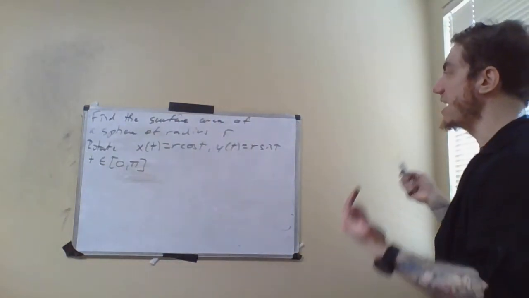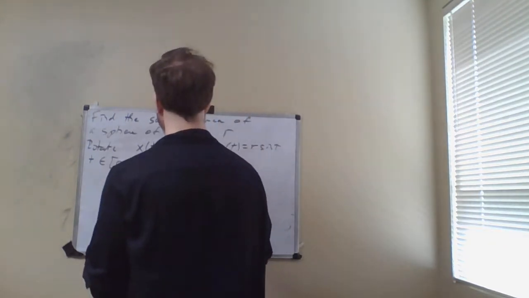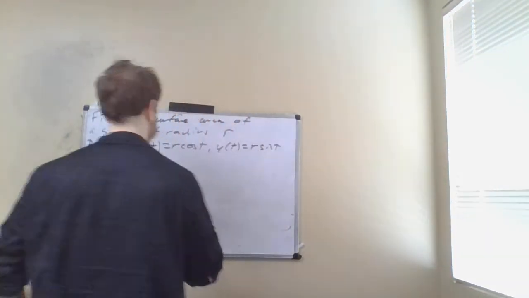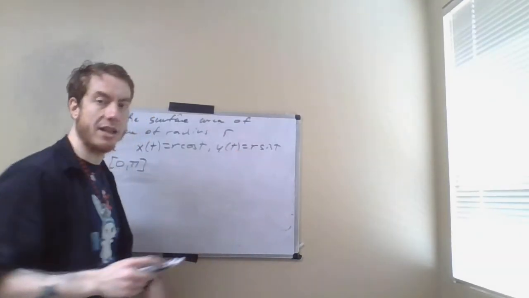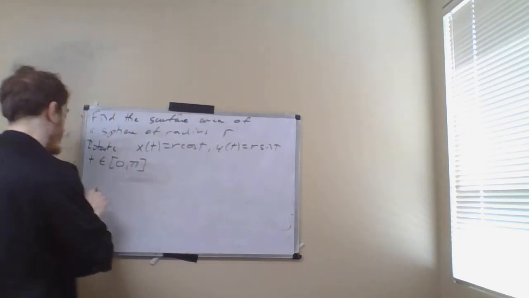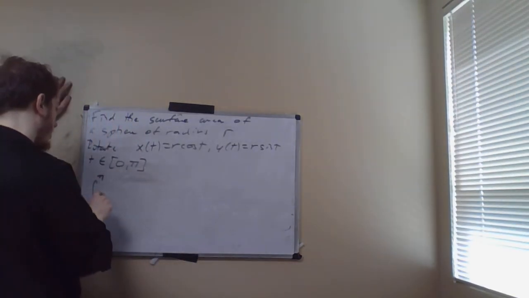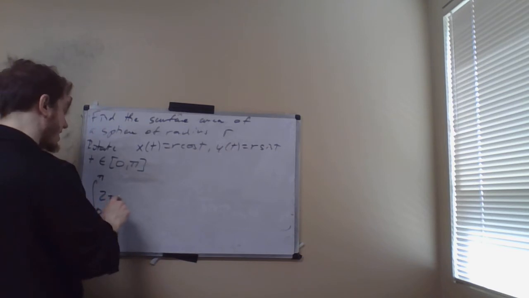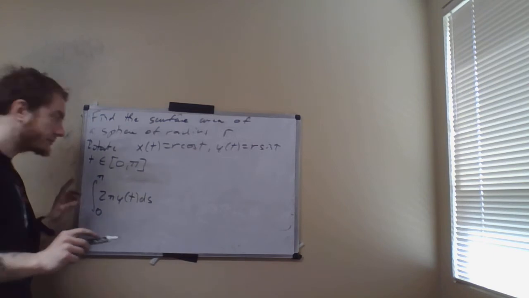That gives me my sphere. So now the radius in this case is just y of t, like the radius in my formula for the surface area. So we're going to do the integral from 0 up to pi of 2 pi times y of t ds.